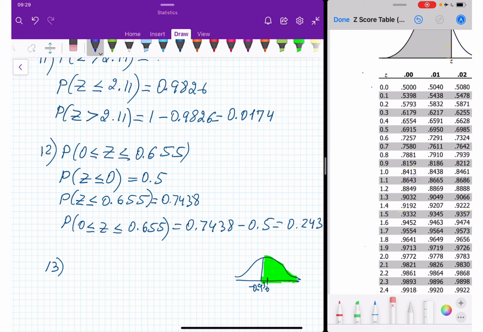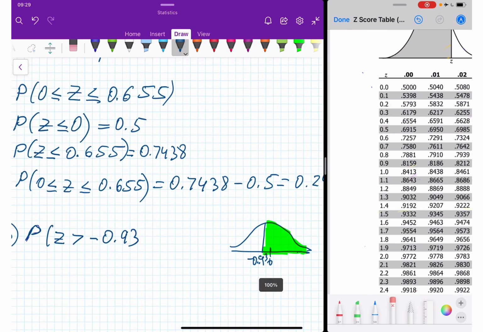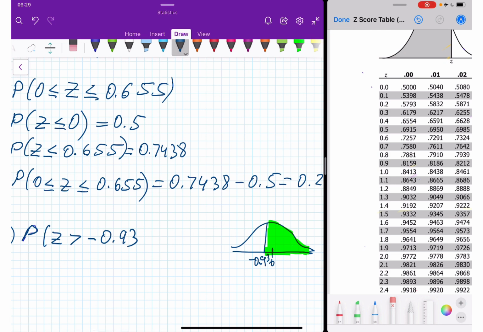So from here, probability z-score greater than negative 0.93. Yeah, this is 0.93. Maybe I should clean this and write over again so it would be readable. Negative 0.93. Yeah, that's much better.